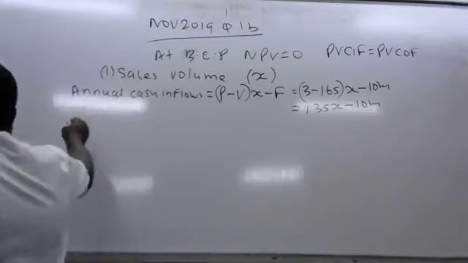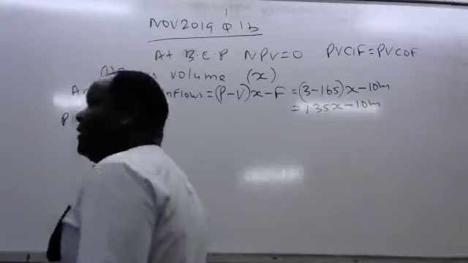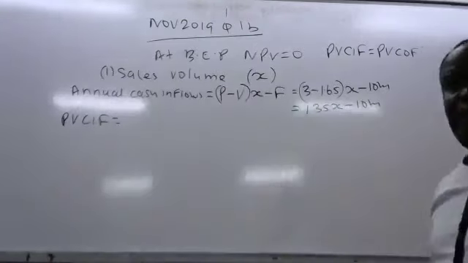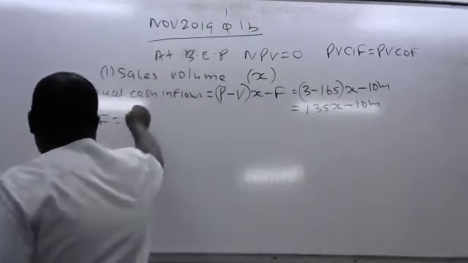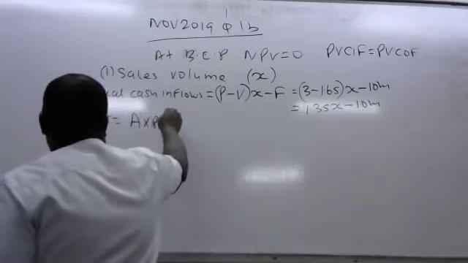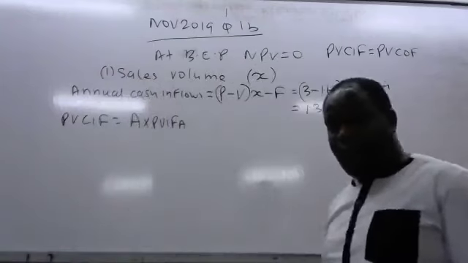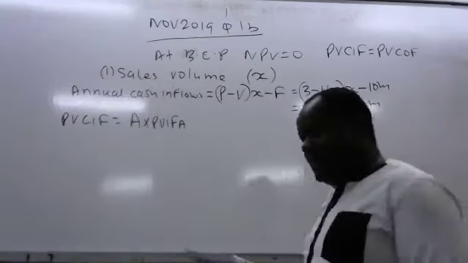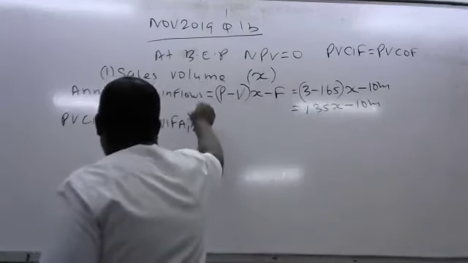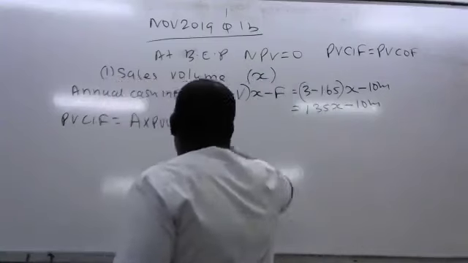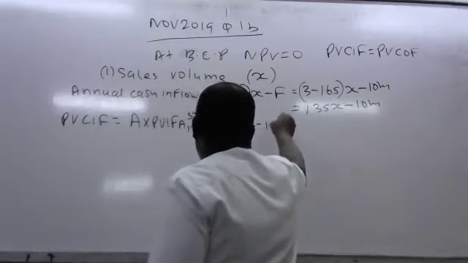So we now get the NPV, whereby we start by computing the present value of the cash inflows. To get the present value for the cash inflows, we simply take the annuity multiplied by the present value interest factor for the annuity. So cost of capital was given in the question as 12%, and the economic life is 5 years. So the annuity is 1.35X minus 10 million.